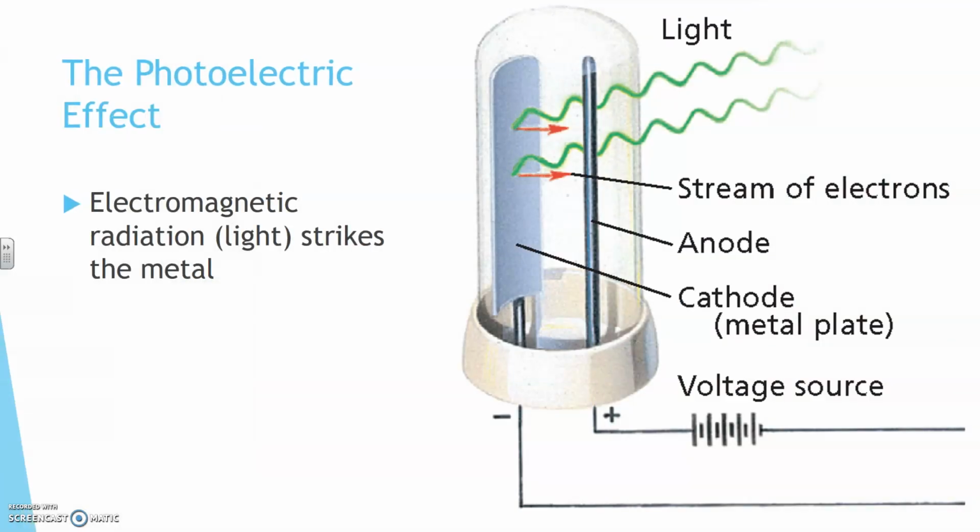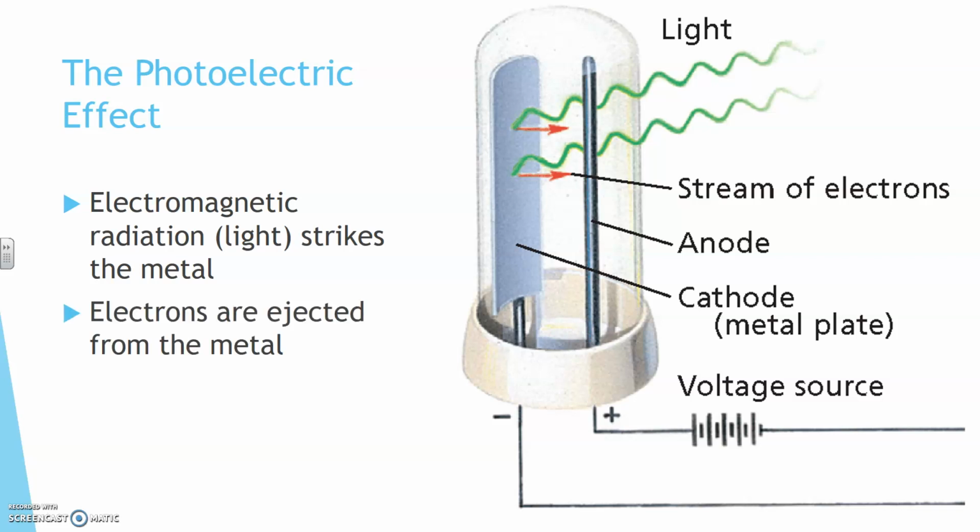Looking at the photoelectric effect, you have your electromagnetic radiation, your light in this case, coming in and striking the metal. Now this has to be a specific wavelength, specific energy, because they are related. Specific metal, different kinds of things like that.